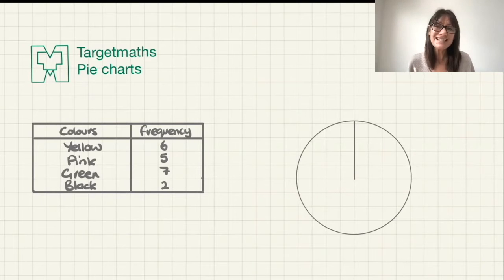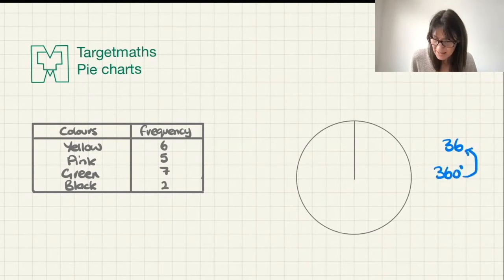So if 36 people were surveyed, then 36 people have to fit into this pie chart. They all have to have an equal share. If there's exactly 360 degrees to share with 36 people, they are going to get 10 degrees each.